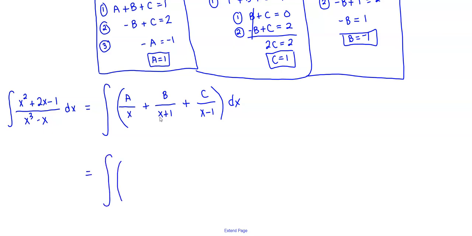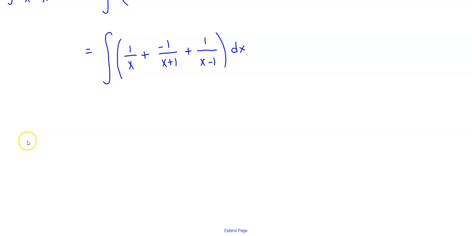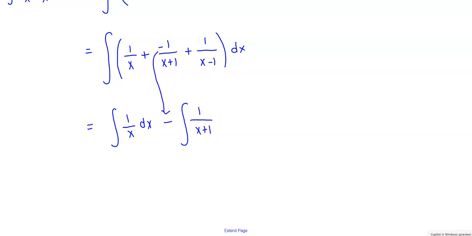So now if we plug in A, we know it's 1 over x plus B, which is negative 1 over x plus 1 plus C, which is 1 over x minus 1 dx. And so if we wanted to, we can separate these into separate integrals. So 1 over x dx minus the integral, because we factored out the negative here, 1 over x plus 1 dx. And then this is plus the integral of 1 over x minus 1 dx.